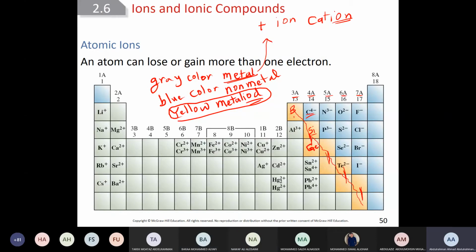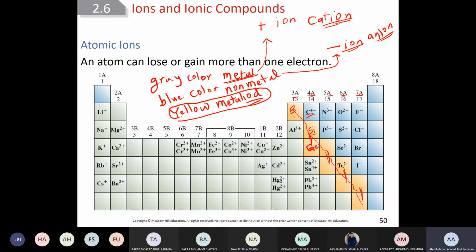The nonmetals will make a negative ion. What's the name for a negative ion? Anion. You have to memorize the names very well. Cation and anion.